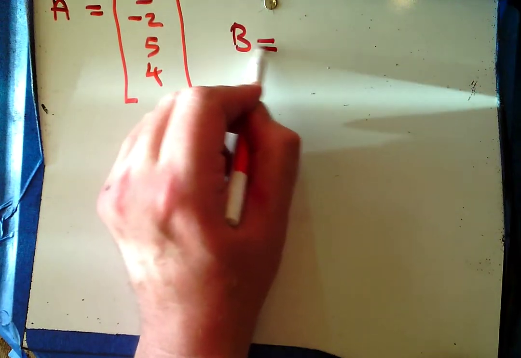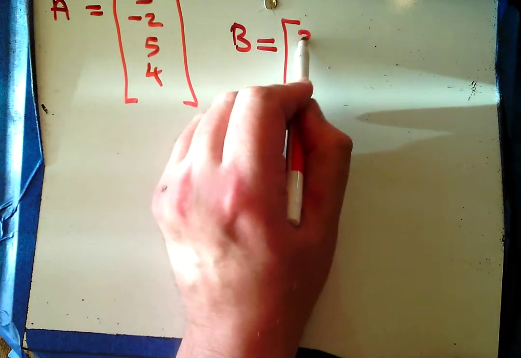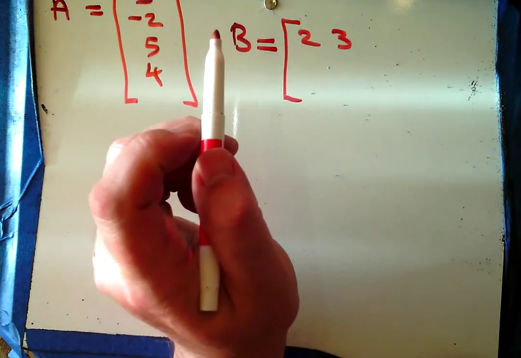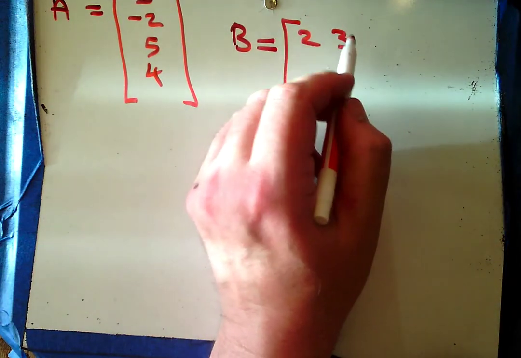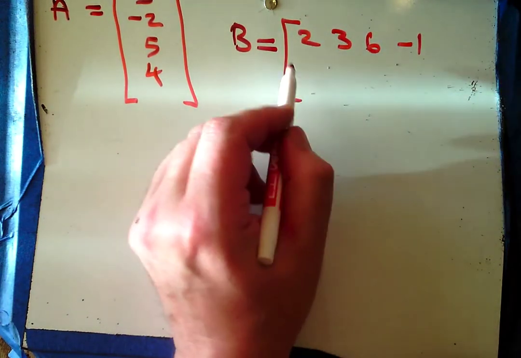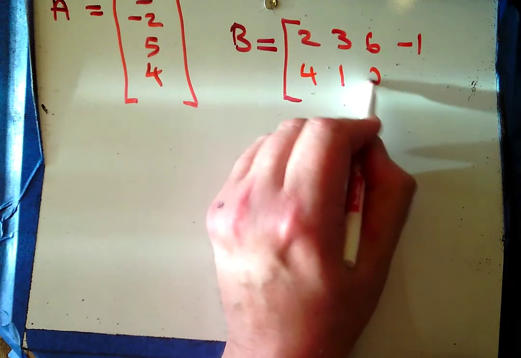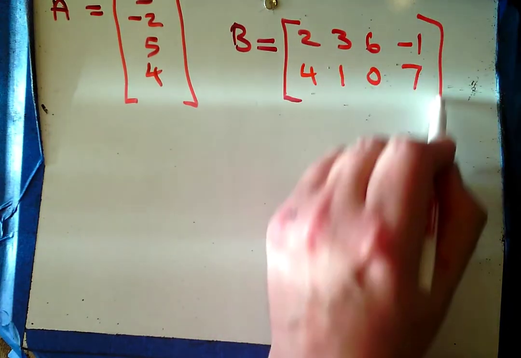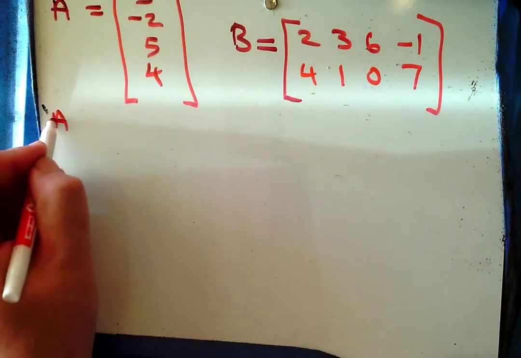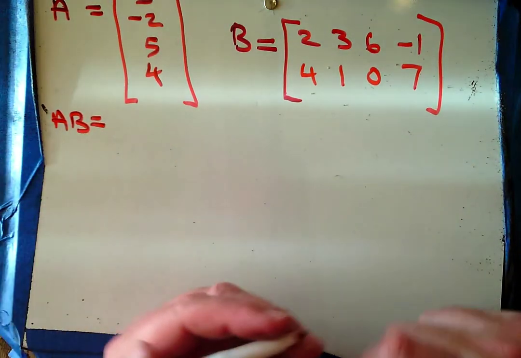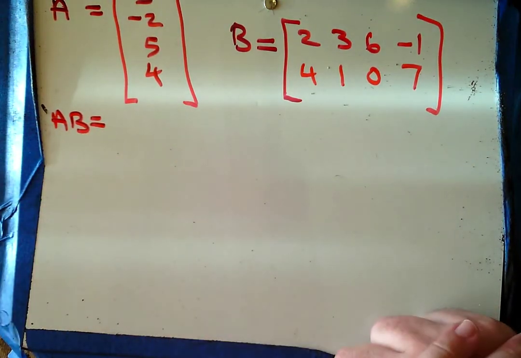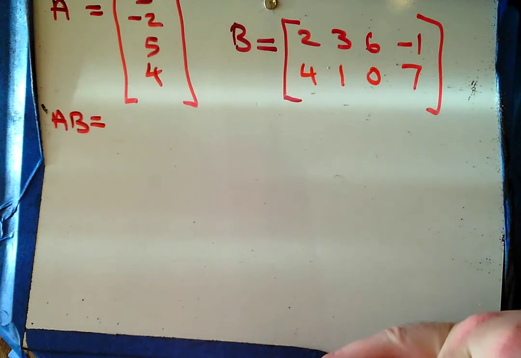And B equals 2, 3, 6, negative 1, 4, 1, 0, 7. Okay, so first find A times B. If possible, I guess. That's what the directions say. Pause the video, take some time, find A times B.